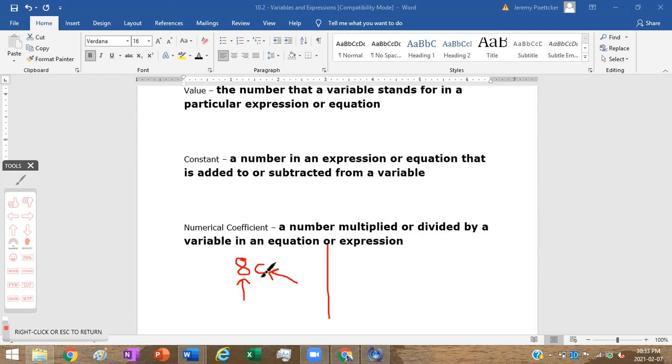Well, when c is equal to $1.85, so c has that value, I could evaluate this expression and find out, okay, well, 8c is the same as 8 multiplied by 1.